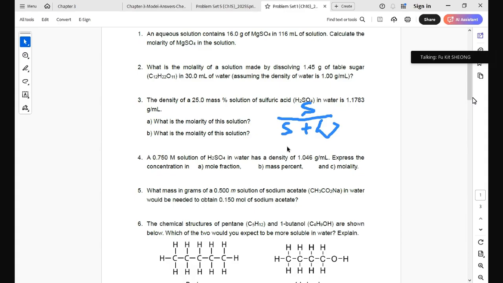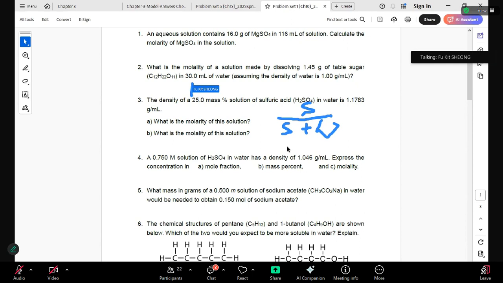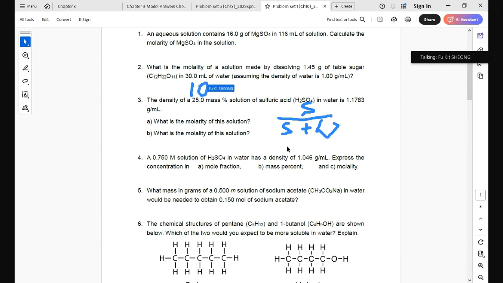So if you specify, for example, 1,000 gram, which is 1 kilogram, of the solution, then by the ratio you know that 250 gram comes from the sulfuric acid.